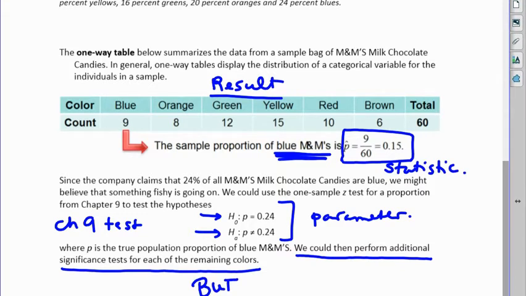It becomes overwhelming when you're going to have 6 tests with different results potentially.